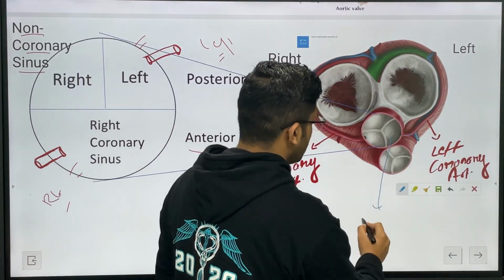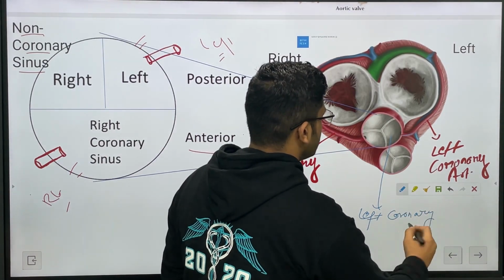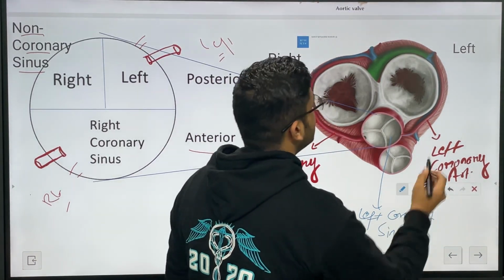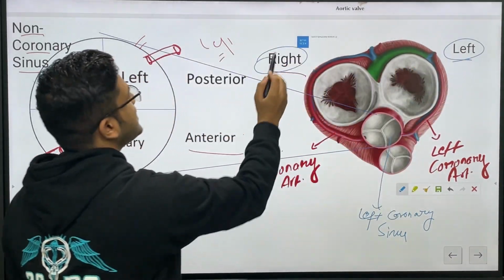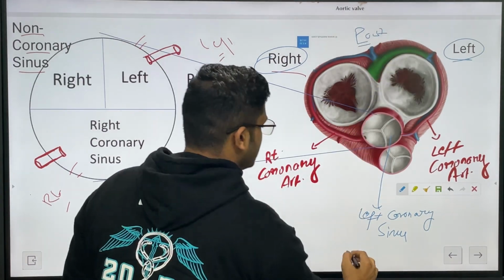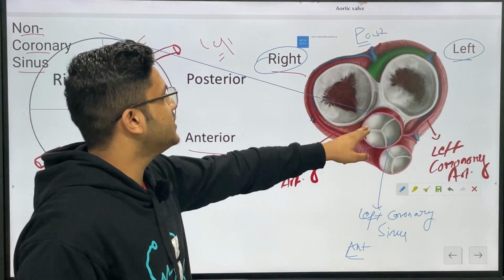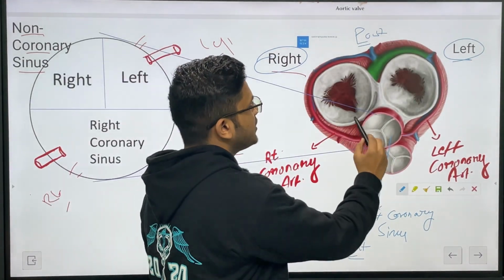This is your left coronary sinus. This is your left side, this is your right side, and this is your posterior side, and this is your anterior side. This is your pulmonary trunk and this is your aorta.